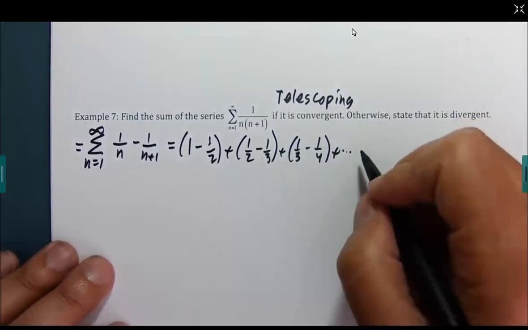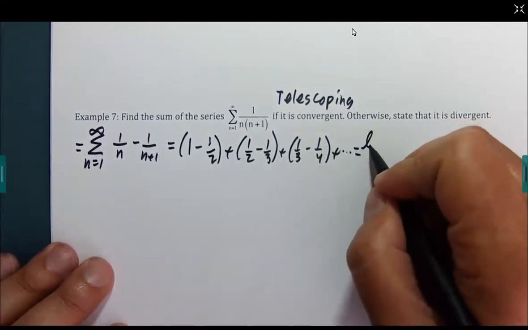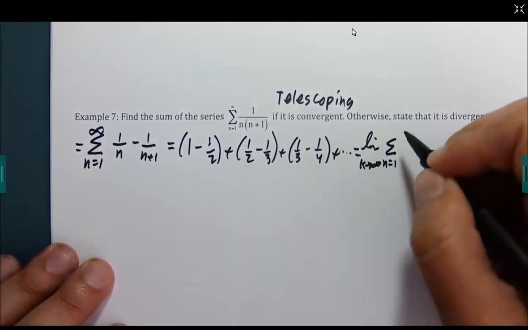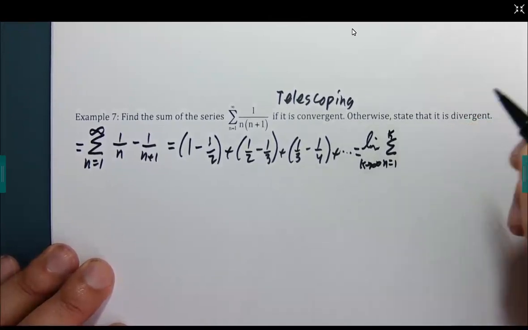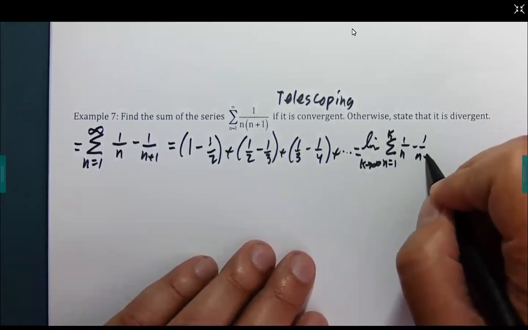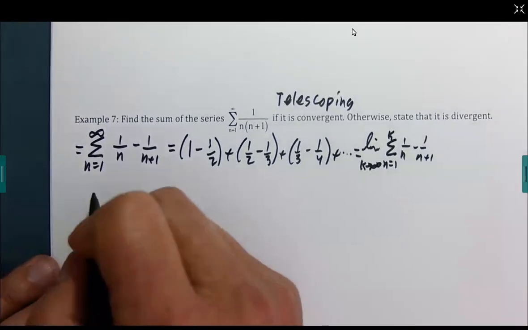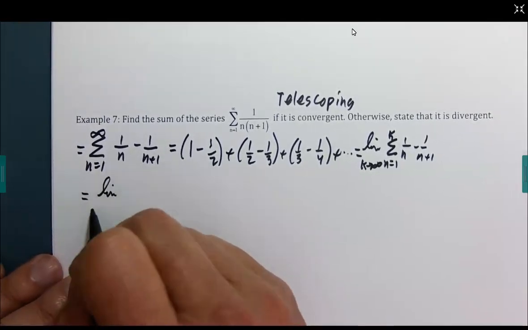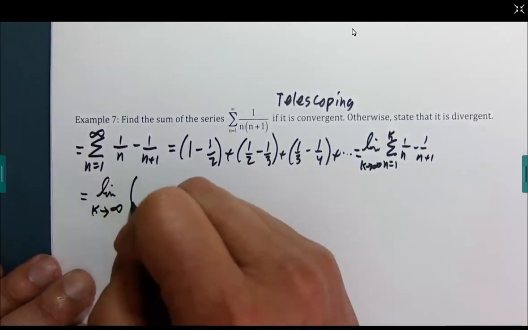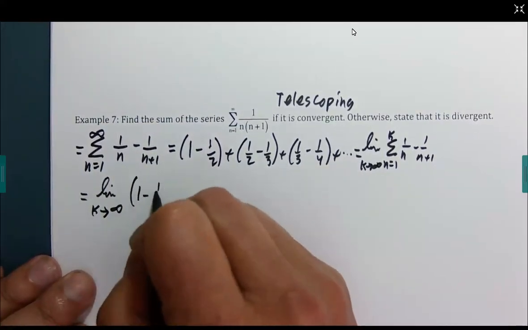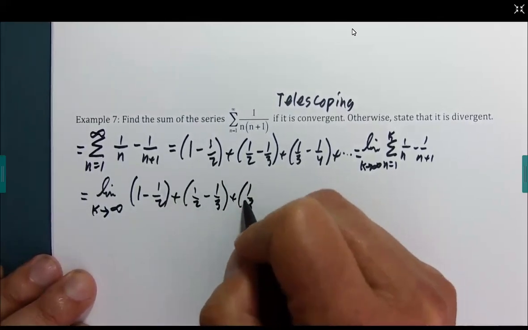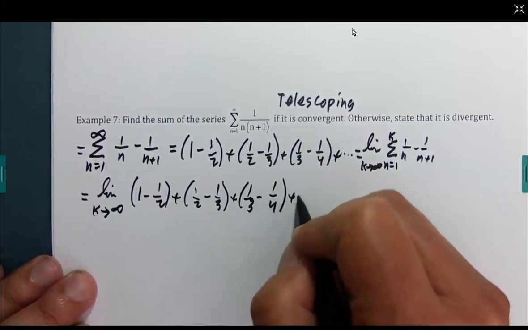However, I'm going to rewrite this as the limit as k approaches infinity of the summation from n equals 1 to k of 1 over n minus 1 over n plus 1. And that is going to give us this: 1 minus 1/2 plus 1/2 minus 1/3 plus 1/3 minus 1/4 and so on.